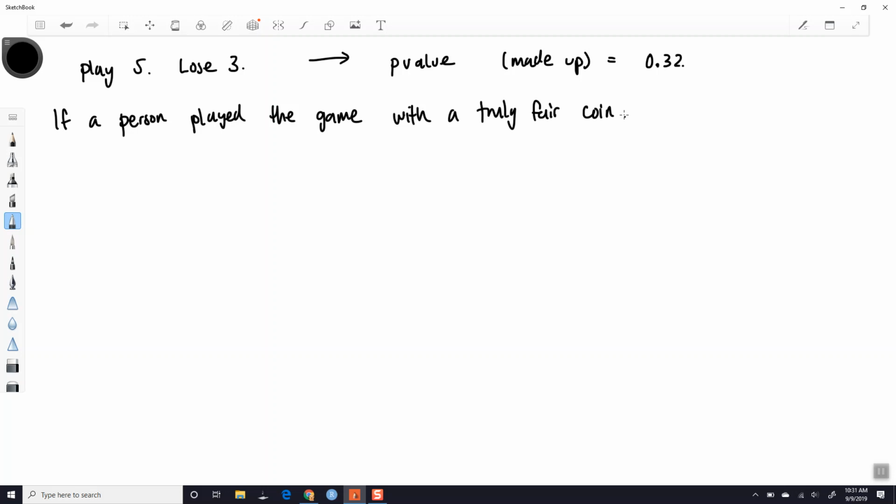So basically, we're playing the game with the assumption that the null hypothesis is true, okay? So we're playing the game when the null hypothesis is actually true.